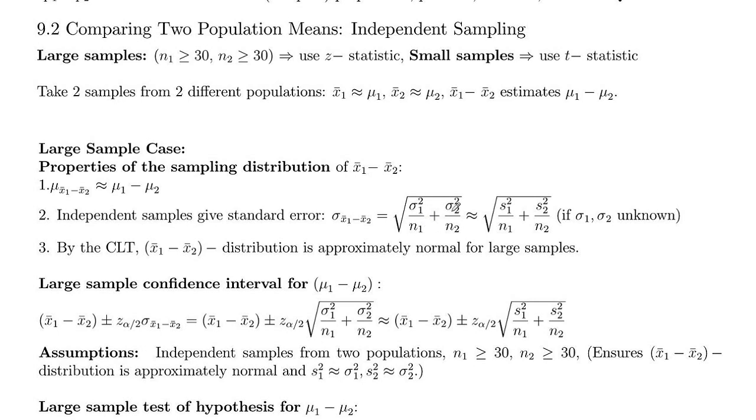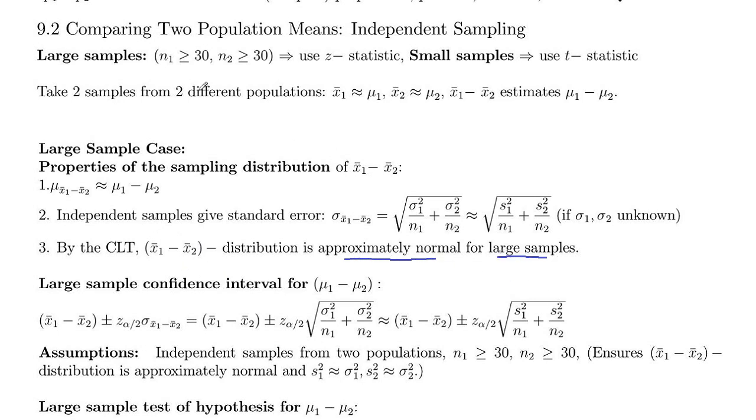Those would be the individual standard deviations of the sampling distribution for x1 bar and x2 bar. So this is kind of a combination of those two standard deviations. And then by the central limit theorem, the distribution for x1 bar minus x2 bar is going to be approximately normal if you've got large samples.